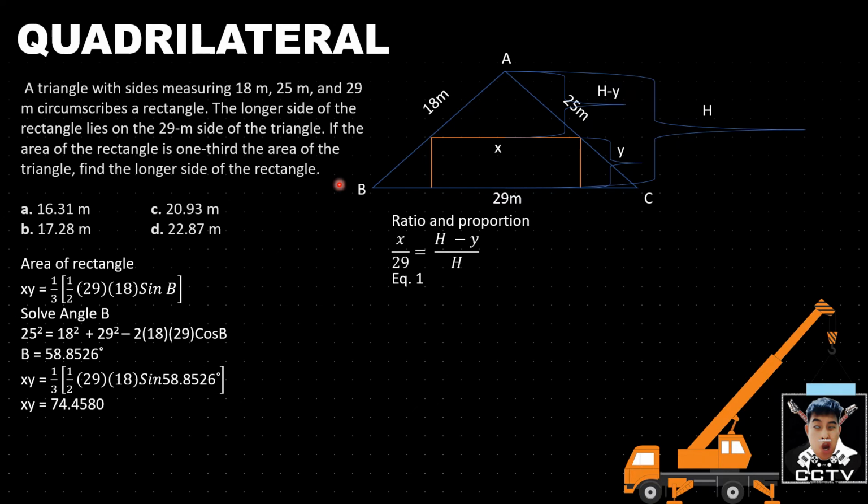Substitute mo lang, at makukuha mo yung xy mo, which is the area of the rectangle, 74.4580.